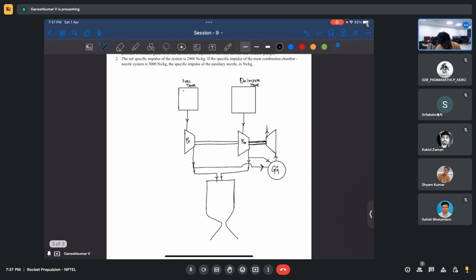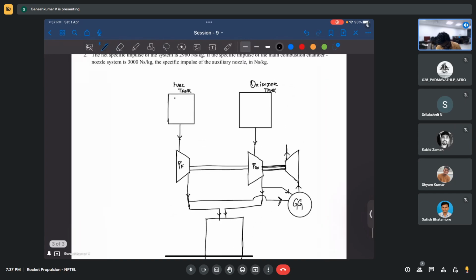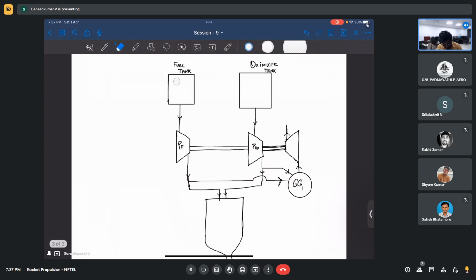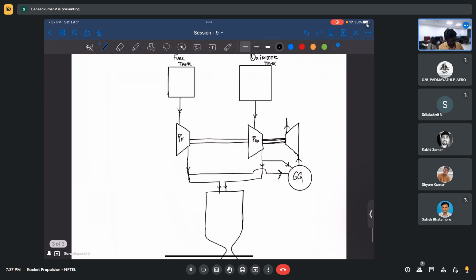Okay, but we are talking about the gas generator cycle. If you feed it back, will it be a gas generator cycle? Okay, no, we have to exhaust it directly. Yeah, exhaust through the auxiliary nozzle. There's going to be an auxiliary nozzle here, and it's going to exhaust it outside.